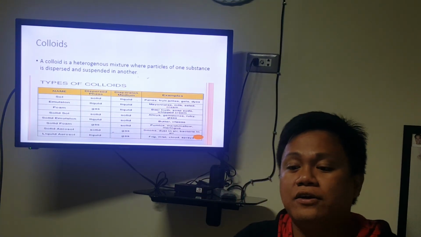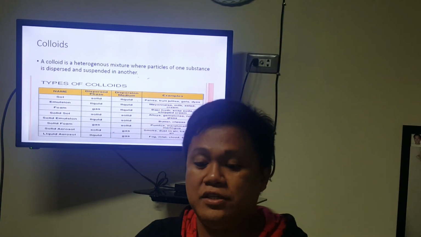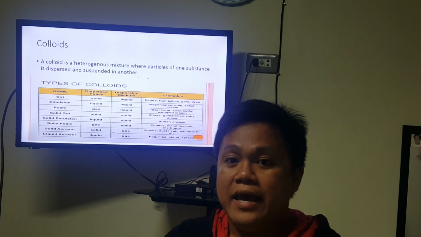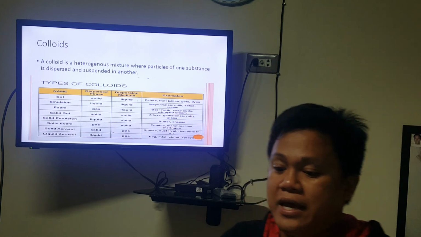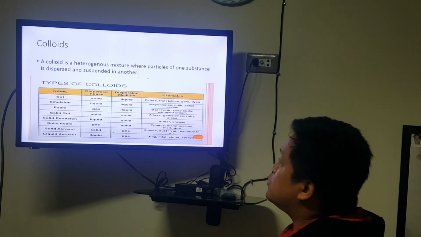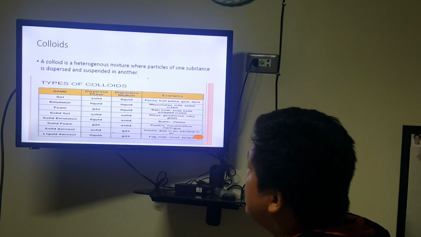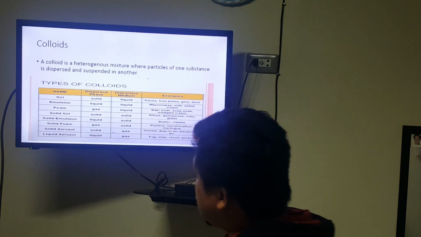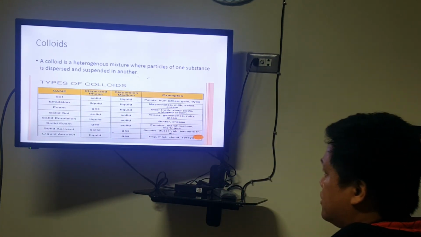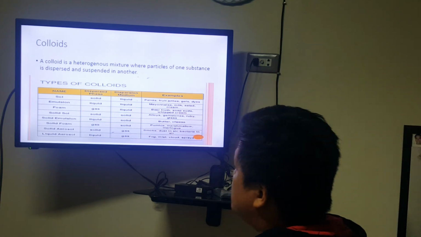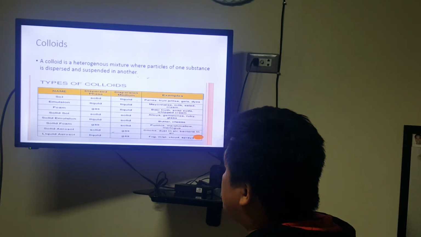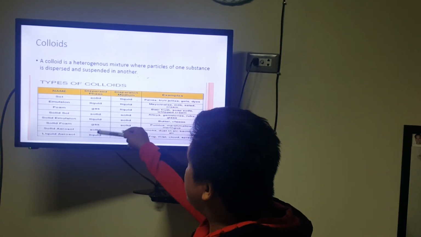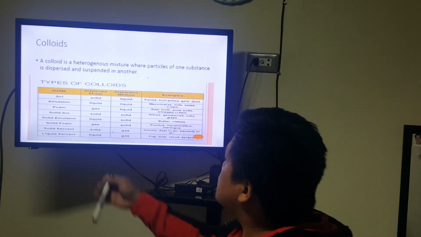Colloids. A colloid is a heterogeneous mixture where particles of one substance are dispersed and suspended in another. The types of colloids are sol, emulsion, foam, solid emulsion, solid foam, solid aerosol, and liquid aerosol, based on the dispersed phase and the dispersion medium.